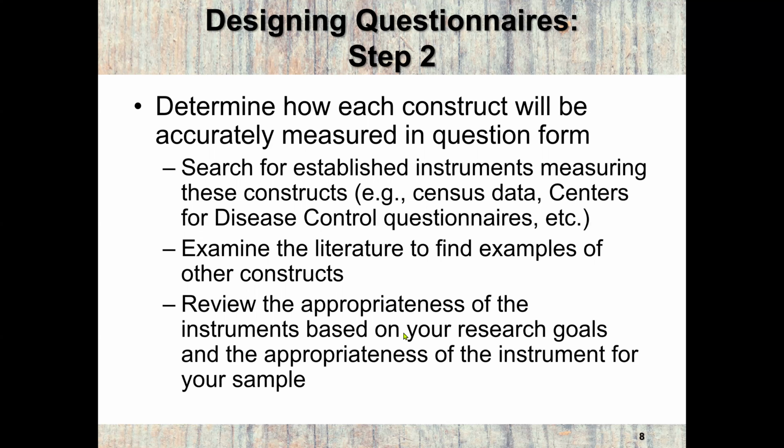Then lastly, we need to review the appropriateness of the instrument based on your research goals, and also the appropriateness of the instrument for your sample. So we can see the two steps. I think most important is coming up with all the possible constructs. We saw the example of whether gender can influence choice of college major.